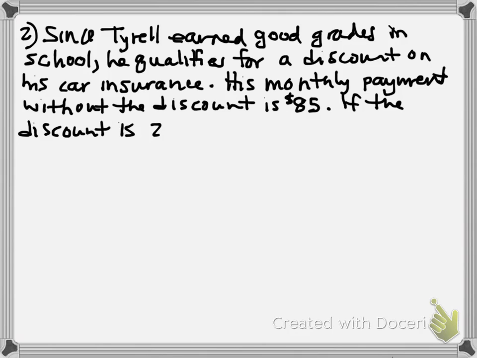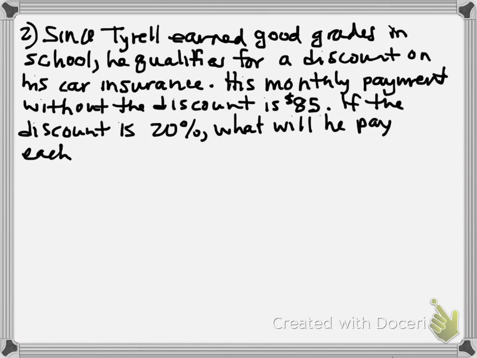The discount is 20%. If the discount is 20%, what will he pay each month? So a lot of problems with our word problems is that we have to give you background so you can understand what's going on.